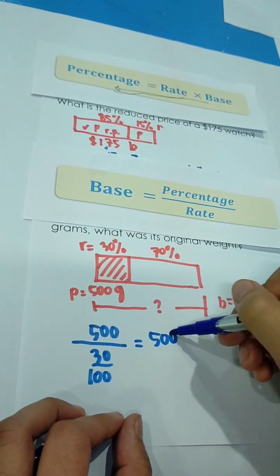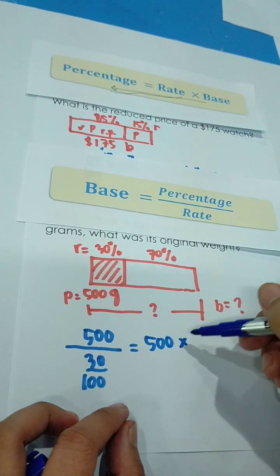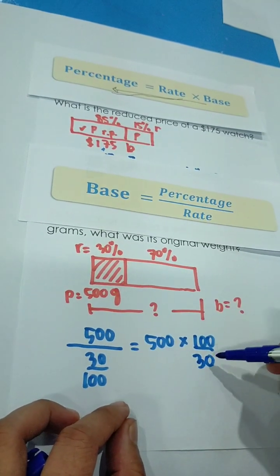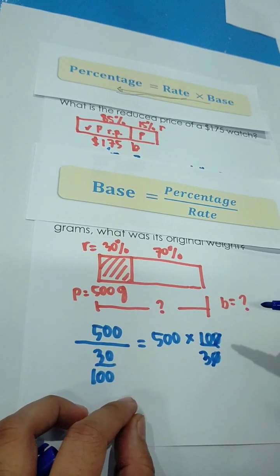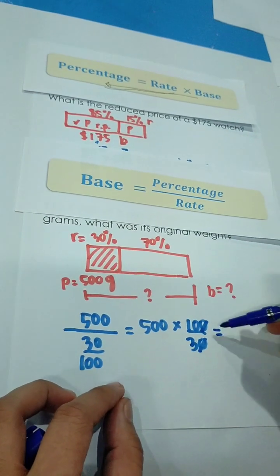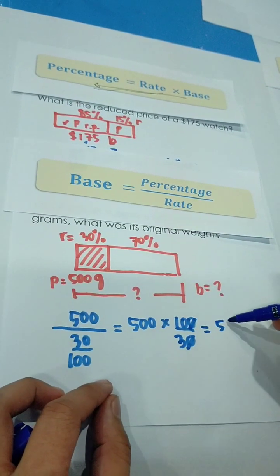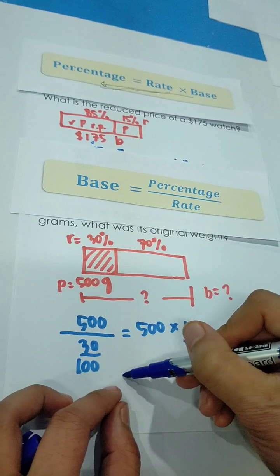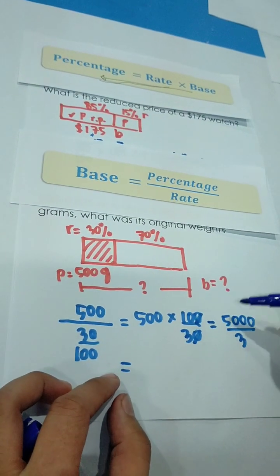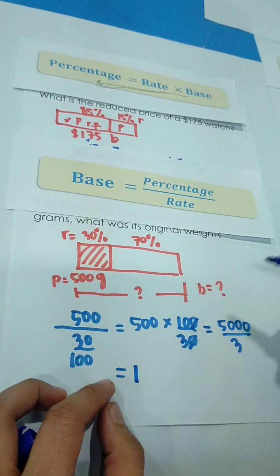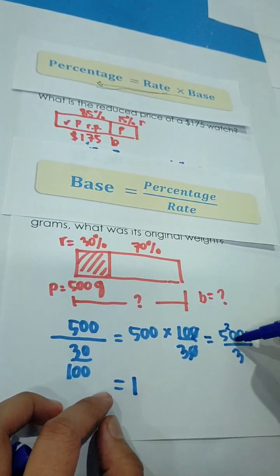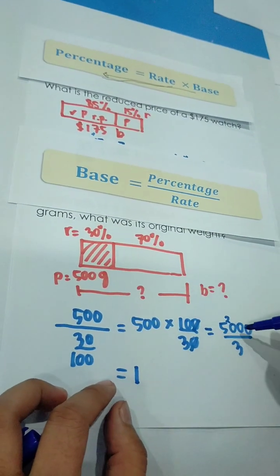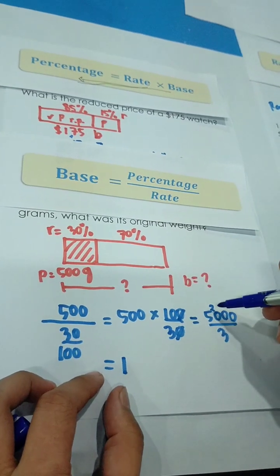That is 500. Take the reciprocal. And then pair the zeros. So this is 5,000 divided by 3. 5 divided by 3 is 1. You have a remainder of 2. 20 divided by 3 is 6.